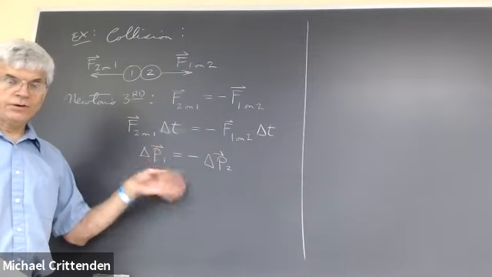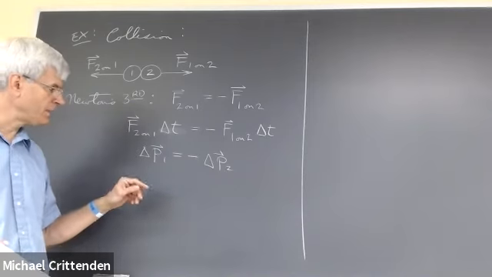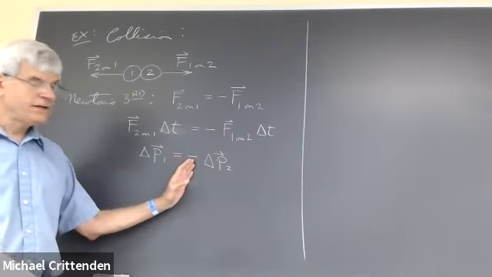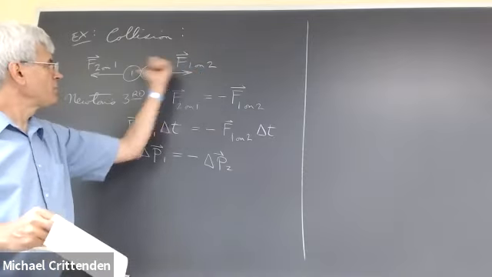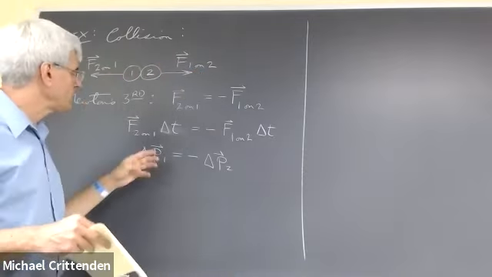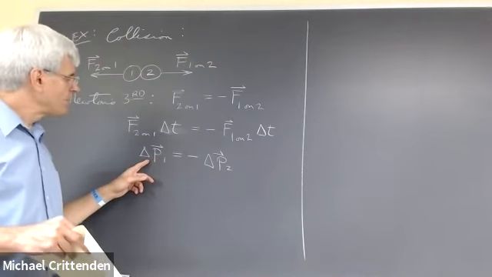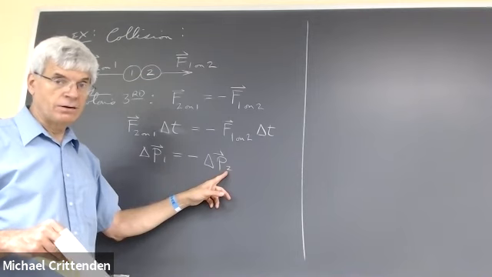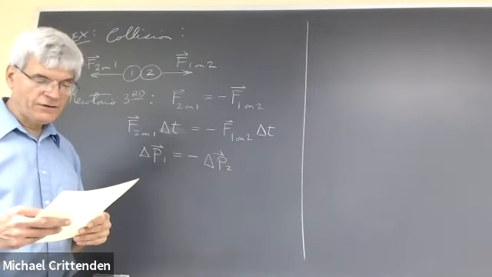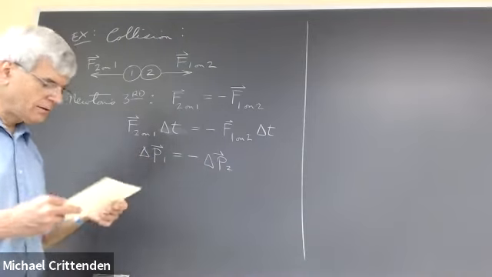With delta anything, whether you're talking about change in momentum or change in temperature or whatever, increases are positive, decreases are negative. So this says that the momentum gained by ball number 1 is equal to the momentum lost by ball number 2, which is to say that the total momentum between the two of them stayed constant.